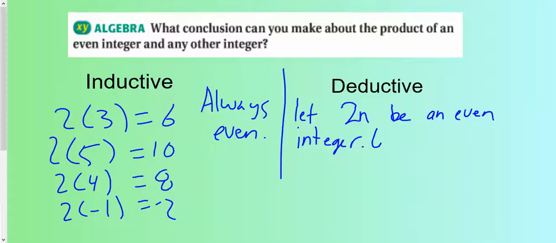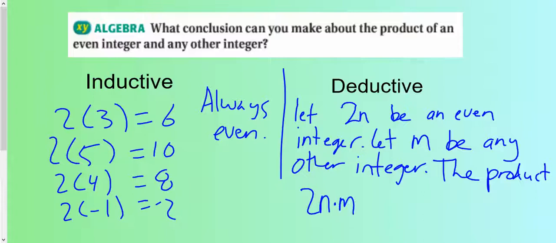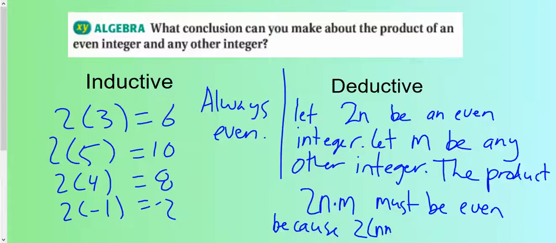And then we're going to say, let m be any other integer. The product, if I multiply 2n times m, must be even because 2nm is divisible by 2.